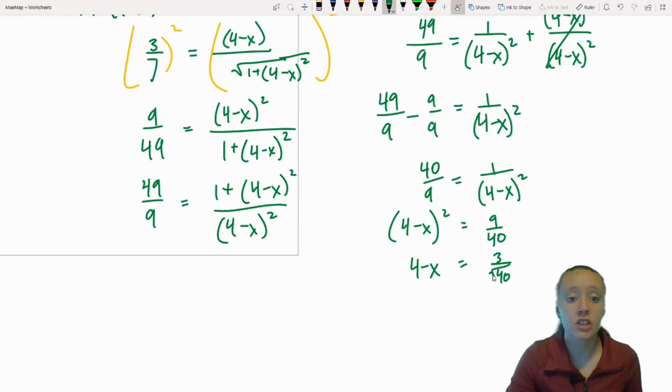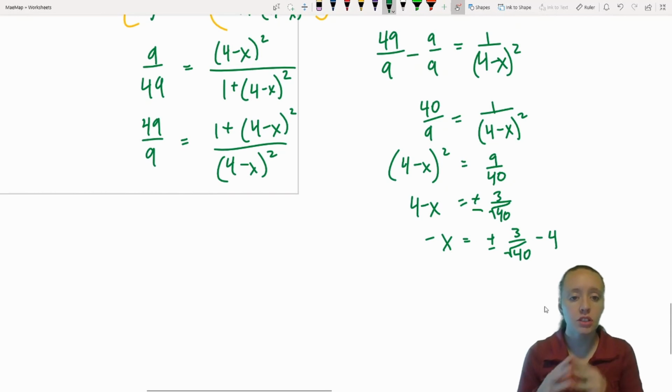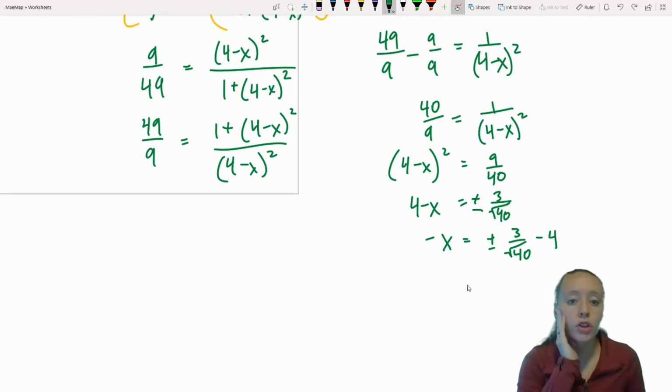And because I took the square root, that's going to be plus or minus. So when I subtract 4, I'm going to get that negative x is going to equal plus or minus 3 over root 40 minus 4. So I'm going to get a negative 4 plus 3 over root 40, or negative 4 minus 3 over root 40 for negative x.